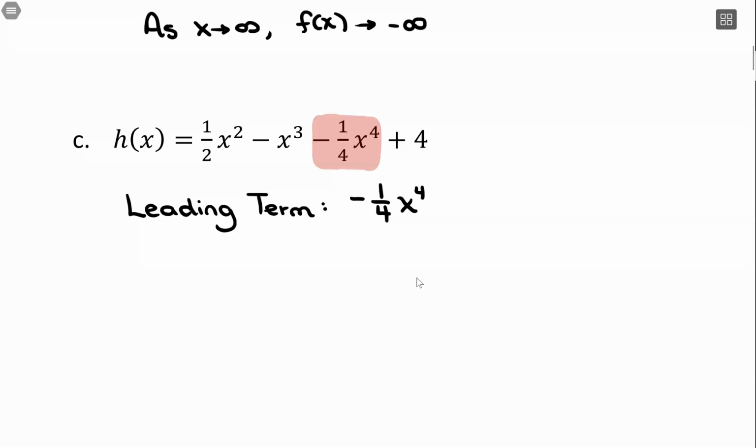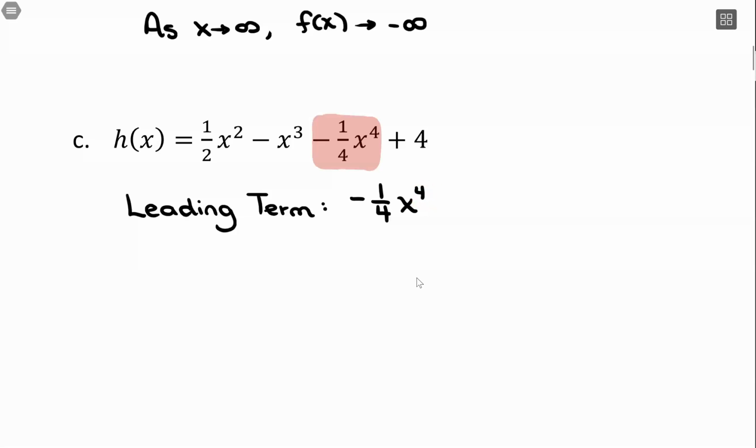So this number itself doesn't particularly matter right now. It being positive or negative absolutely matters. So even though we're including this number, I'm not thinking about that 1/4 so much, but I am thinking about the fact that it's negative.